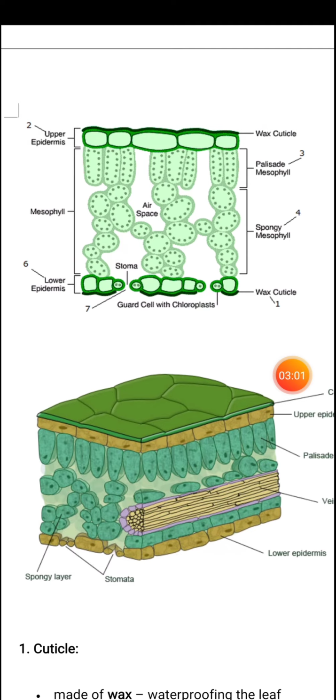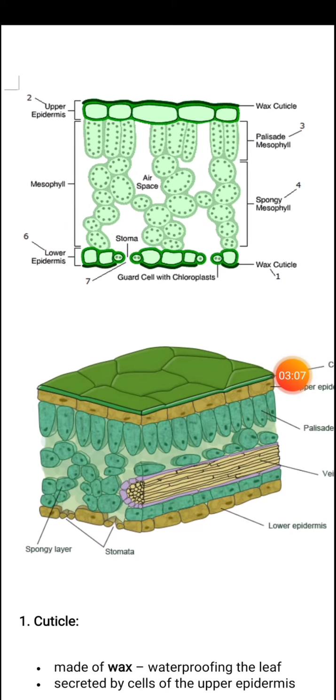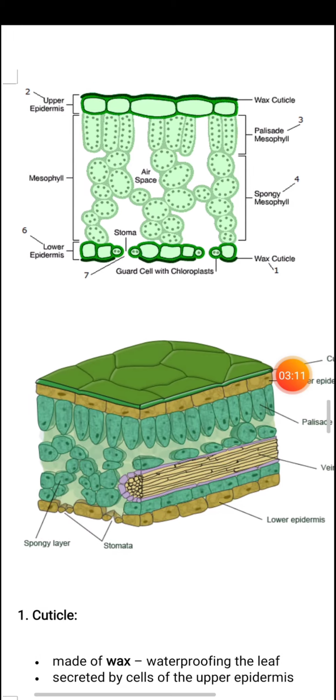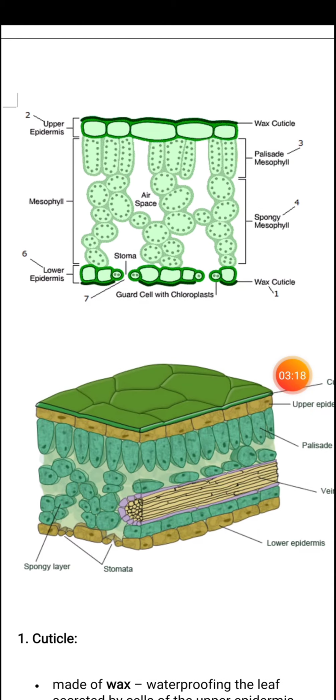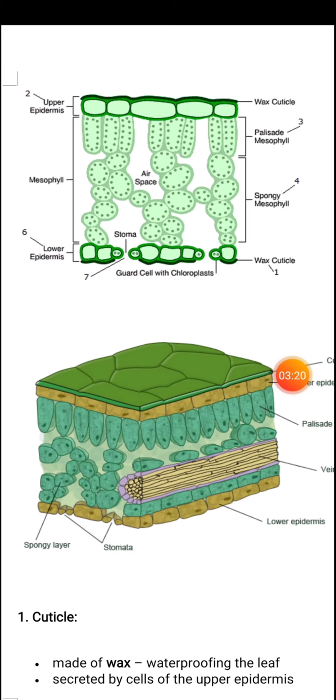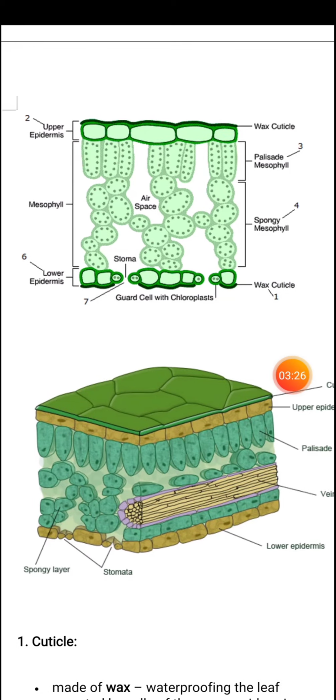Then below that you can see palisade mesophyll. The word palisade means fenced, long fenced, and meso means middle, phyllum means leaf. And inside that palisade mesophyll you can see some dotted structures, which is chloroplast, which is filled with chlorophyll.